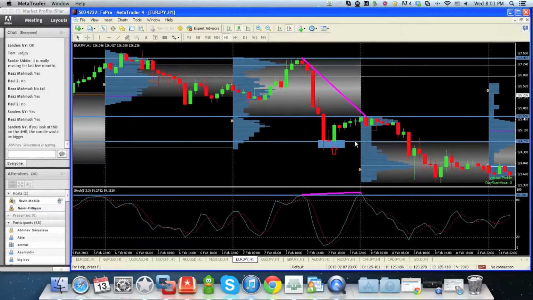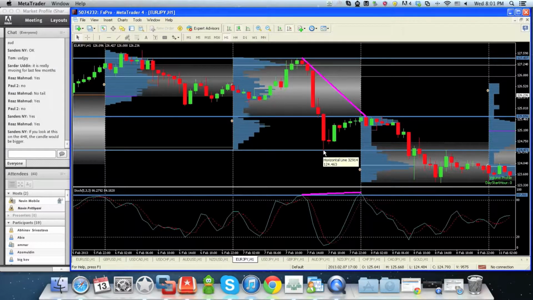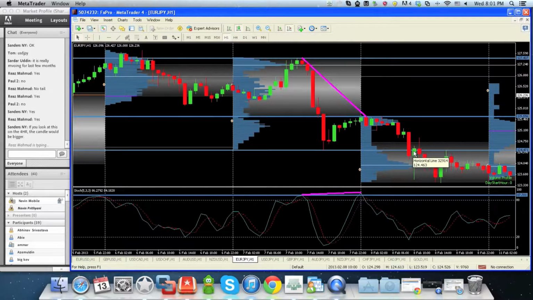Now, as it goes down, take a look at this. As it goes down, did we breach below our recent low here? Has the market gone below now? Everybody, did we breach below?